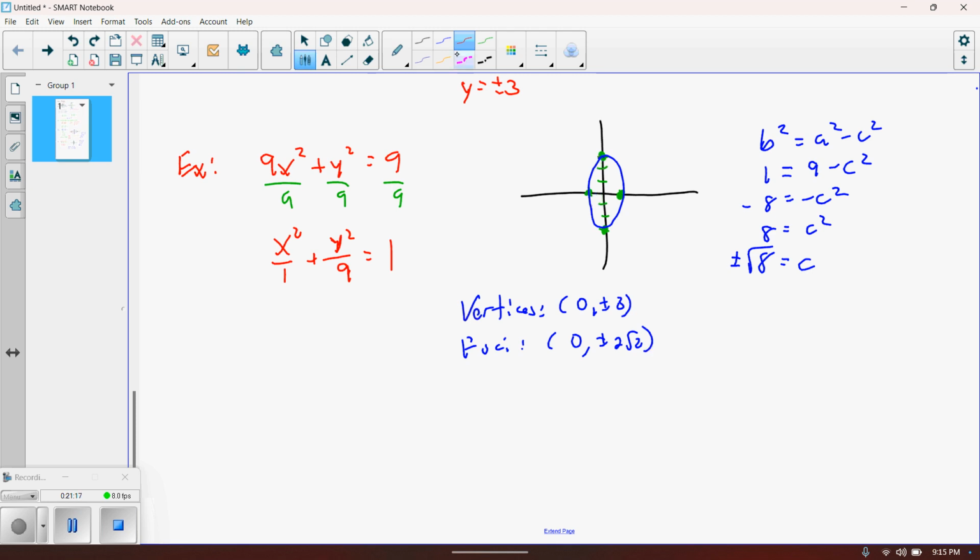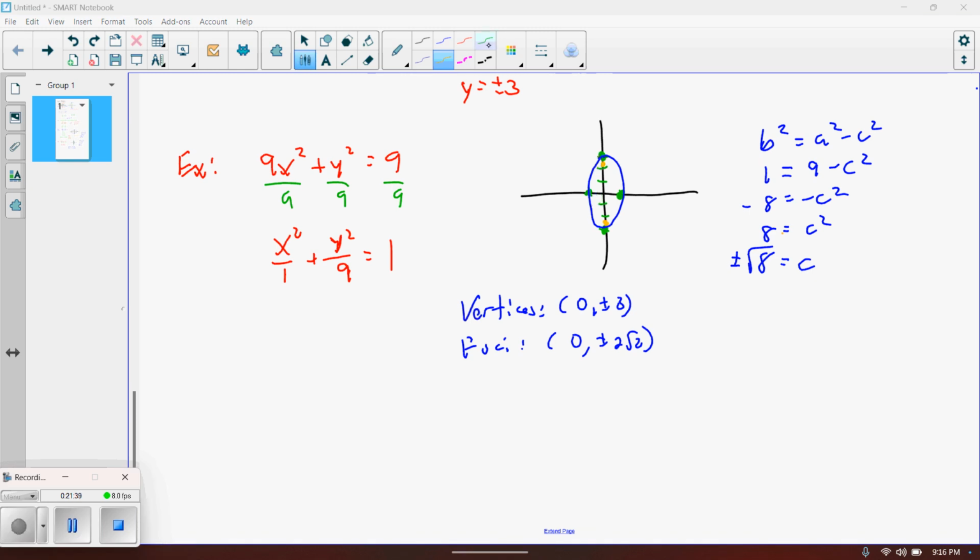And if we wanted to sketch where the foci would be, the square root of 8 is just a little bit less than the square root of 9, so it's going to be pretty close to the ends here, someplace in between the 2 and the 3 and the negative 2 and the negative 3. So that's where your foci would be.